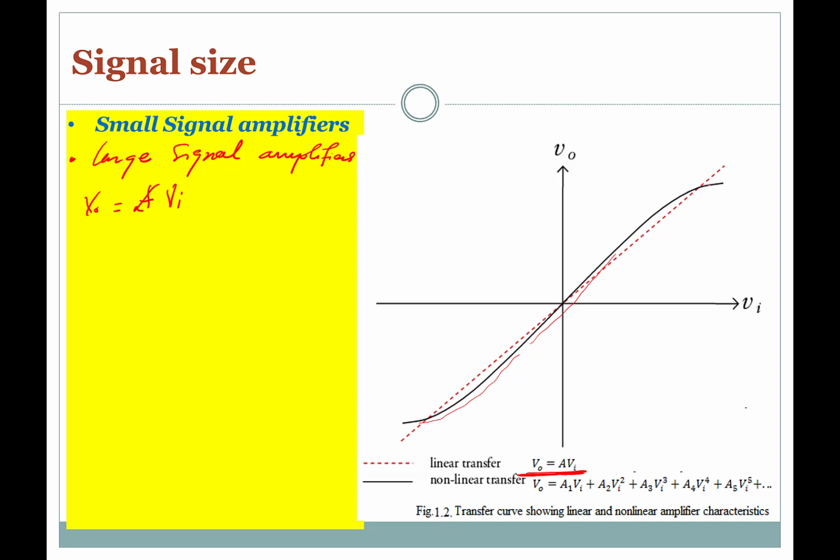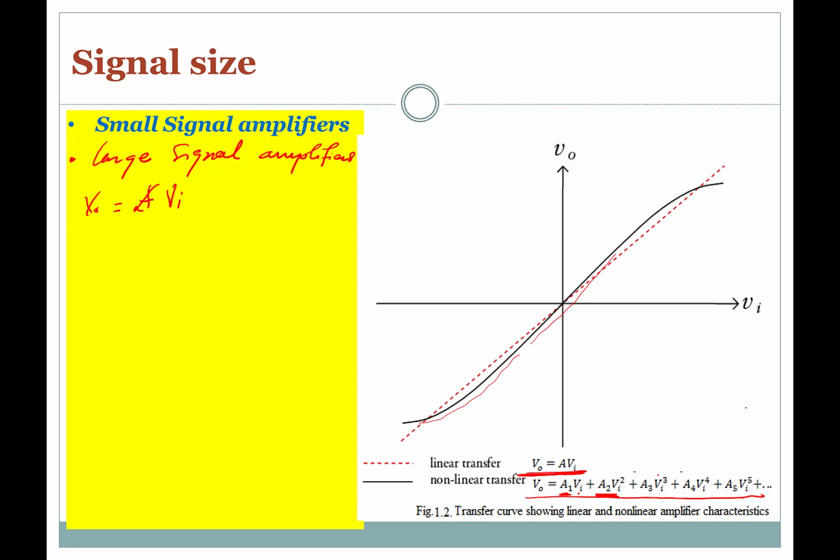the transfer function or the output voltage would look like a polynomial as what we have here, where you would have V0 equals A1, which is gain 1, times Vi, plus gain 2, times Vi squared, and so on, because it is what? It is not linear.